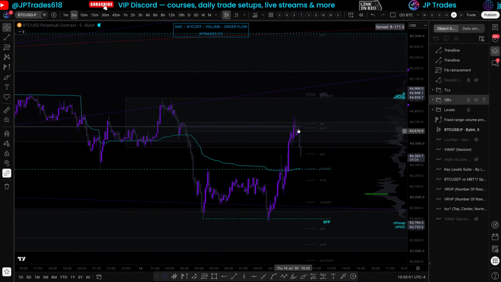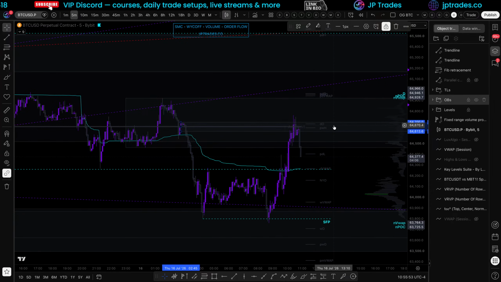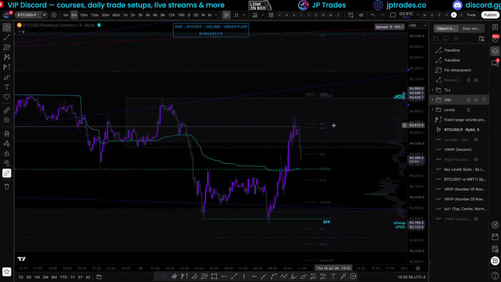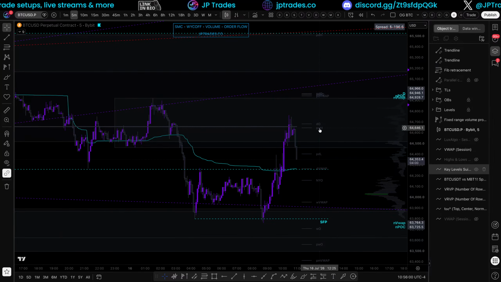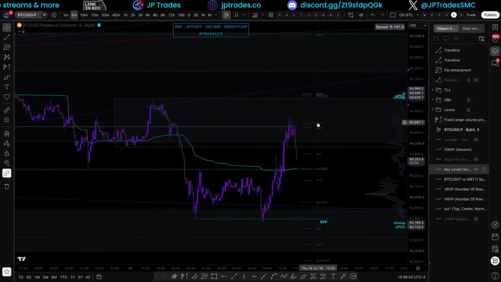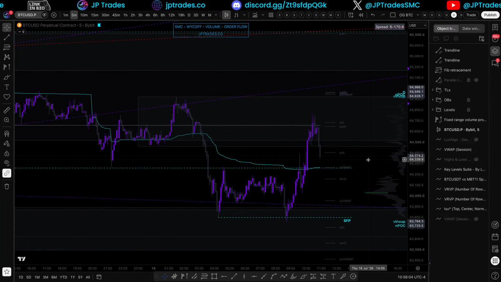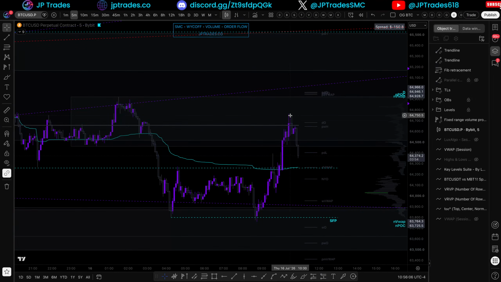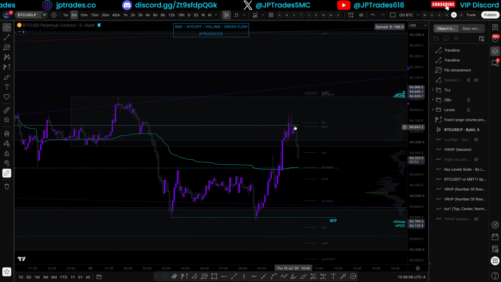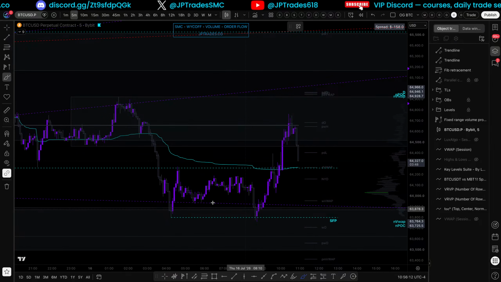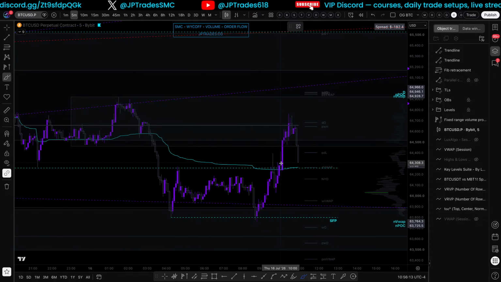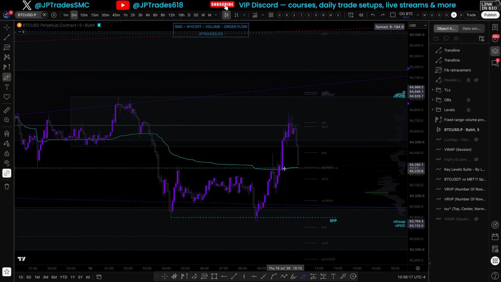So we did get that rejection. Did shoot down my tiny order block that could, unfortunately. Worked as a zone, but not on the money. But the value area high, still putting in some work here. And just like we were saying earlier, catch this long, potential backtest on that VWAP.